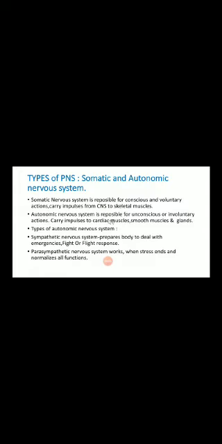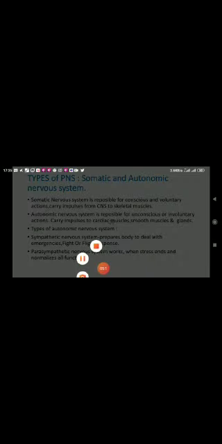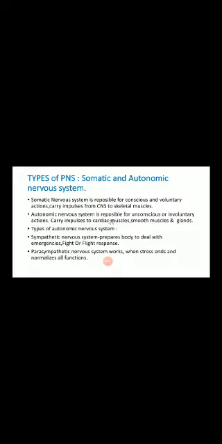The parasympathetic nervous system works when the stress ends and it normalizes all the body functions. During an emergency situation the heartbeat increases, the size of the pupil increases, the breathing rate increases, and the digestive system slows down.